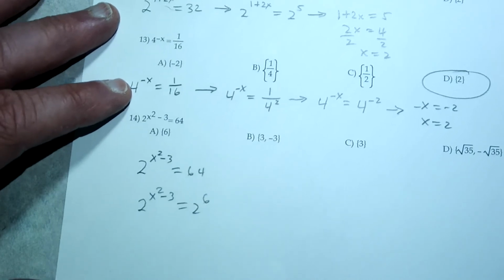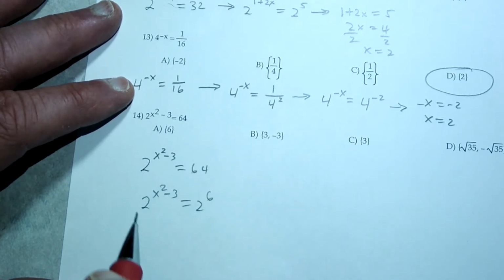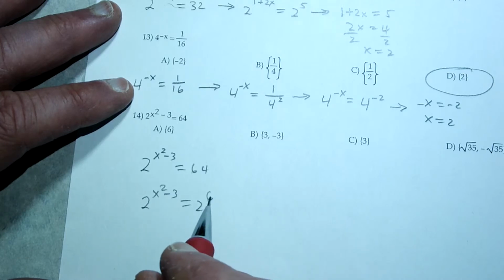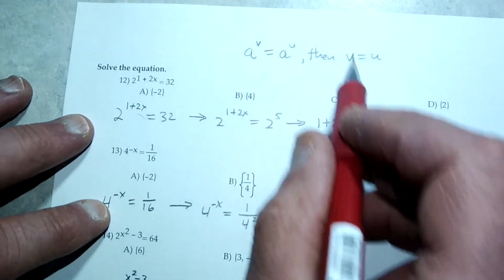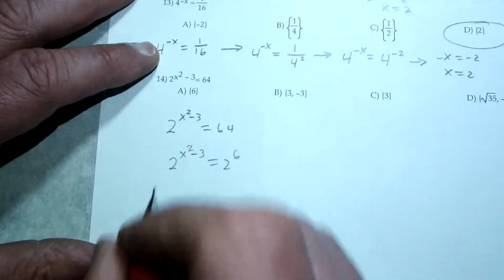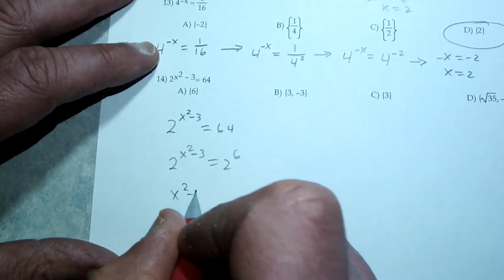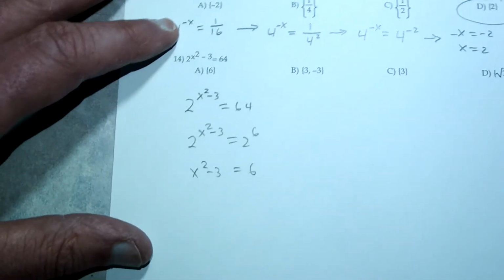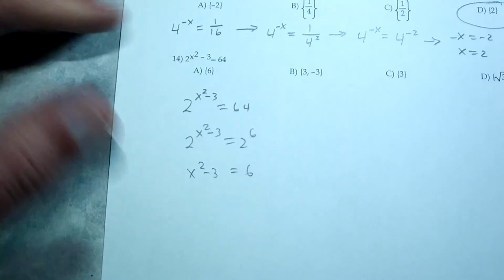Now I'm immediately in the position to say that if I have a to the v equals a to the u, I'm going to be able to say that x squared minus 3 is equal to 6, and I actually have a quadratic equation to solve.